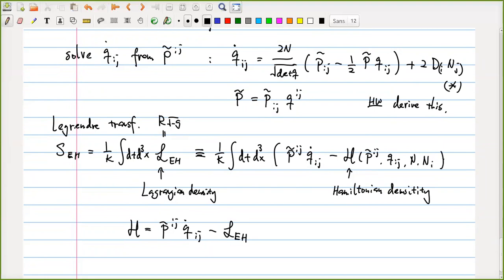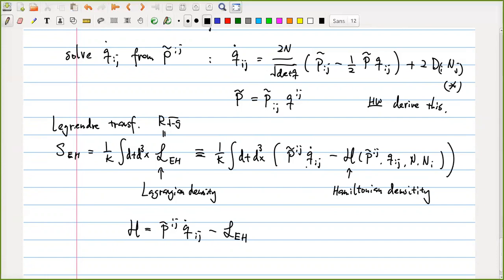Because the momentum variables of n and n_i are 0, this Hamiltonian has to be a function of momentum and position only. It should not depend on Q dot. So that's what we call the Legendre transformation. It transforms the Lagrangian, which depends on Q and Q dot, to the Hamiltonian formalism, where the Hamiltonian only depends on P and Q.